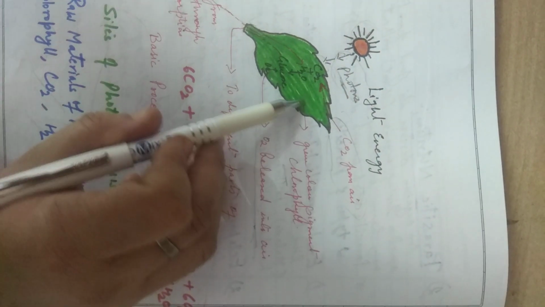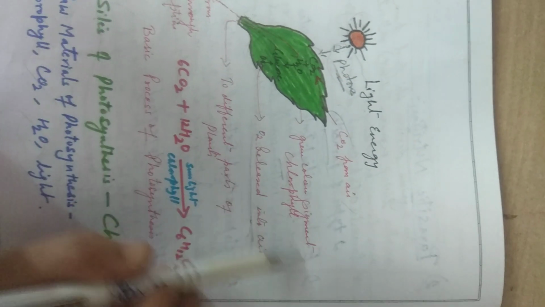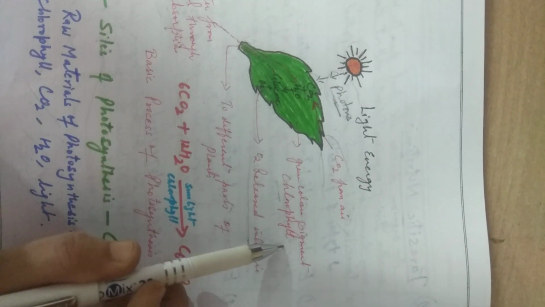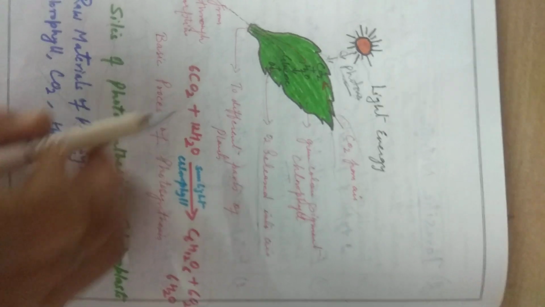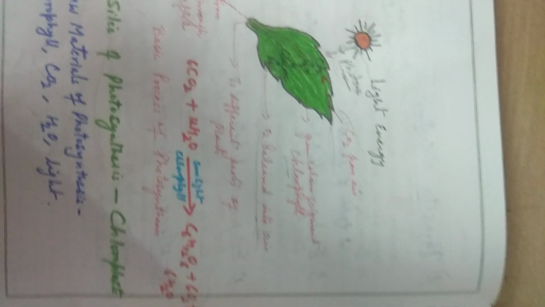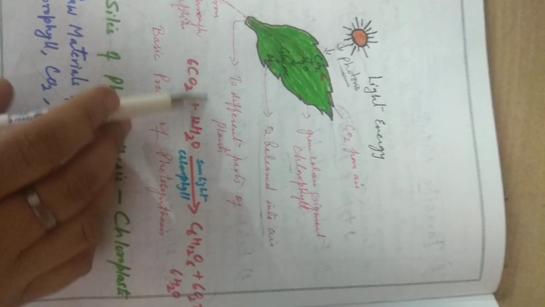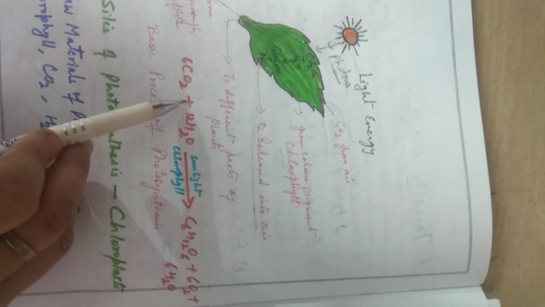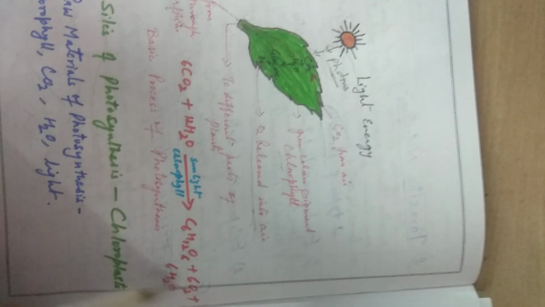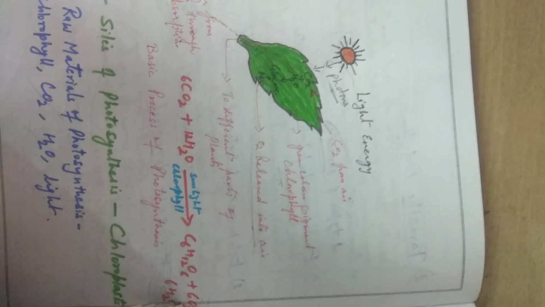And this green color is called chlorophyll pigment. This is the equation of photosynthesis: 6 molecules of carbon dioxide and 12 molecules of water form glucose, oxygen and water.